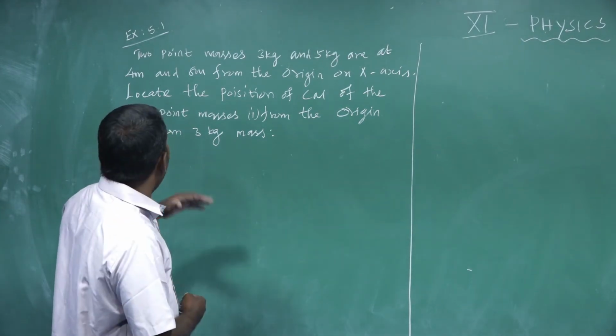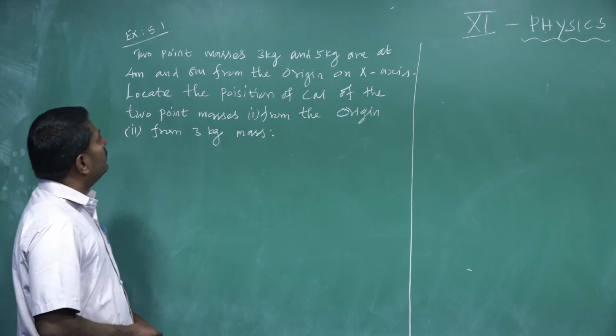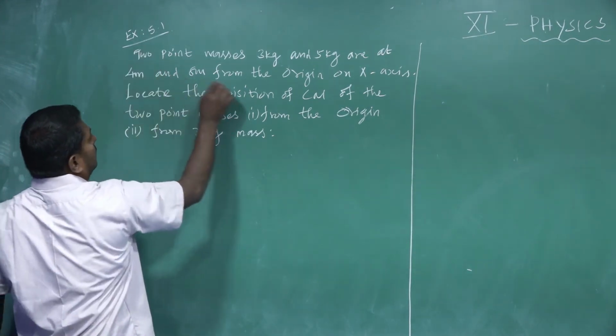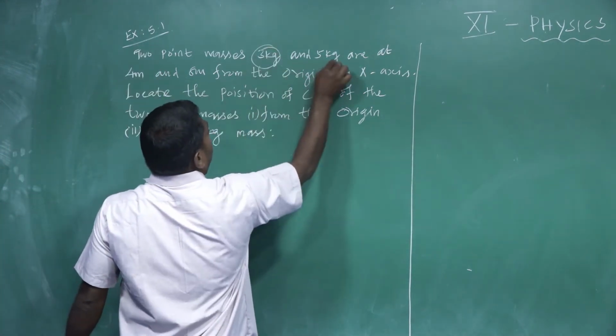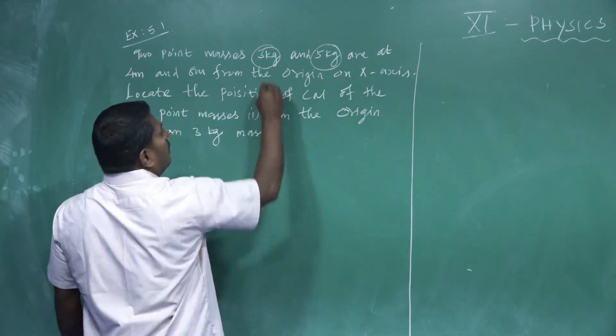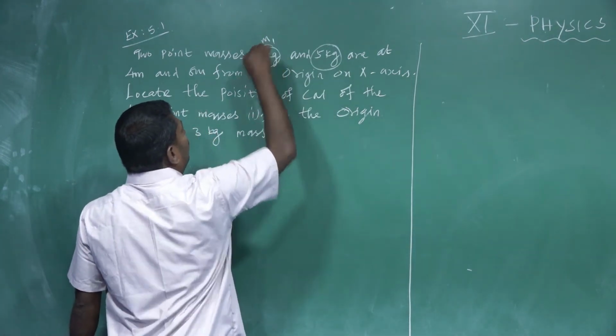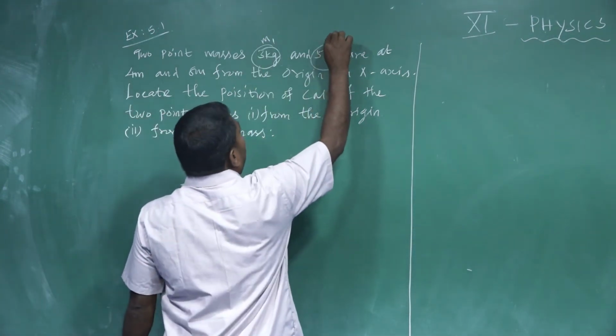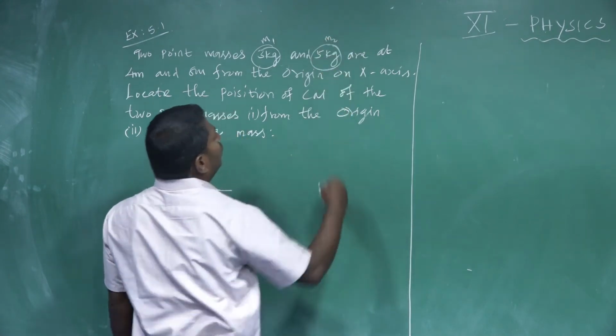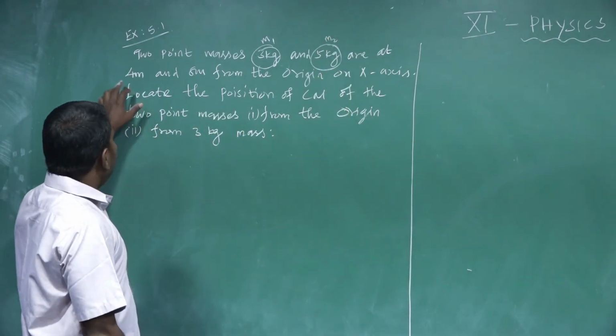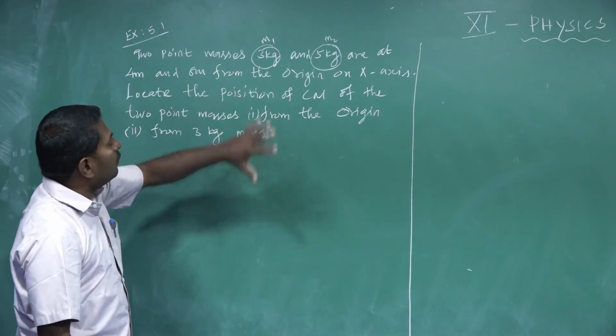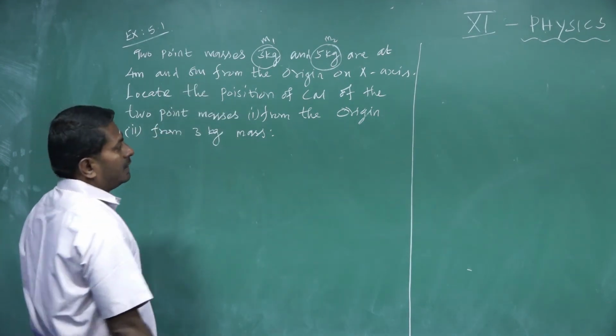See the first problem, example 5.1. 2 point masses, 3 kg, first point mass M1, and second point mass M2, which is equal to 5 kg, are at 4 meter and 8 meter from the origin on the x-axis.